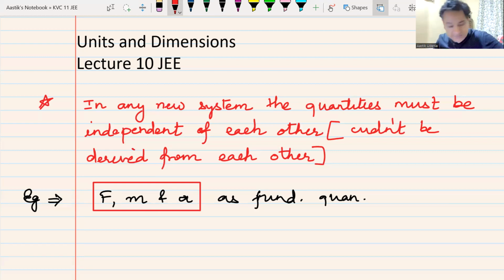can I make such a system where I have F, M, and A as my fundamental quantities? That is the question. Yes or no?